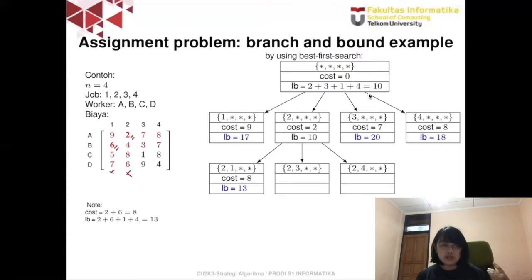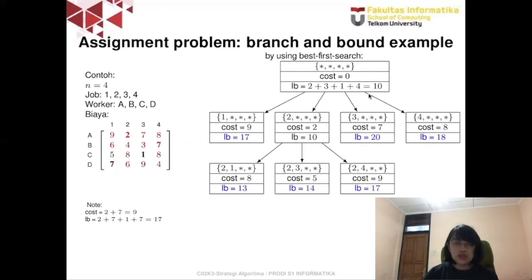So the only option they have is 3 and 4. So the lowest cost for C will be 1 and the lowest fee for D will be 4. So the lowest bound is the sum of 2, 6, 1, and 4, which is 13. The same goes for the other options.